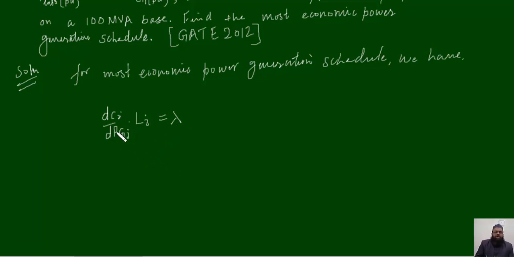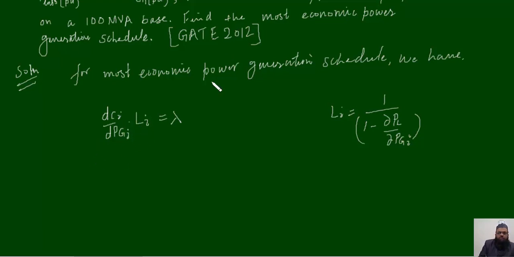What is dCi upon dPGi? dCi upon dPGi is the incremental fuel cost of the ith plant. Li is the penalty factor of the ith plant, where Li, if you remember, is given as 1 upon 1 minus del PL upon del PGi. We have derived all these relations in our previous lectures.